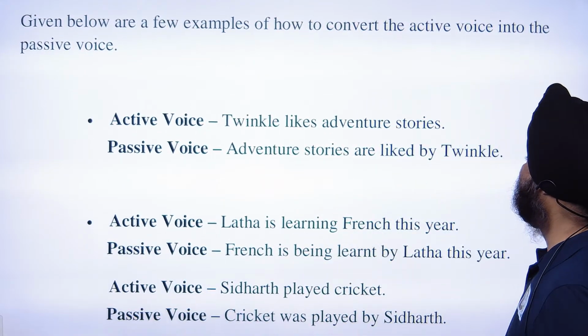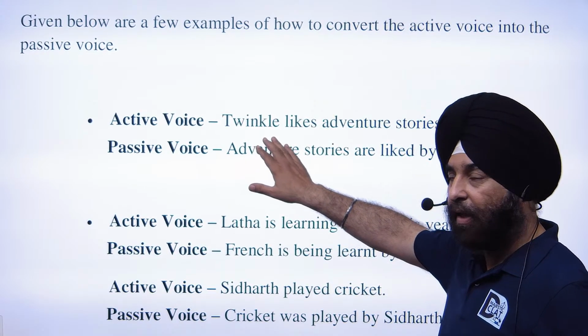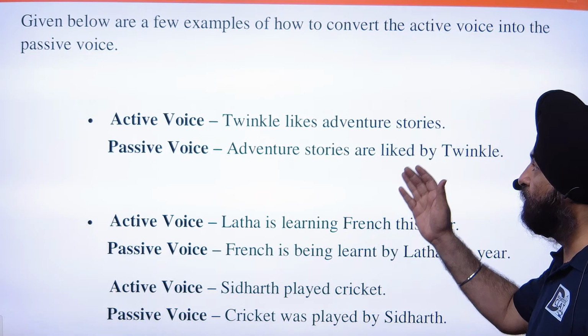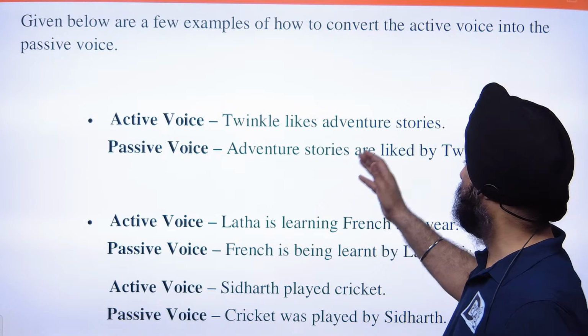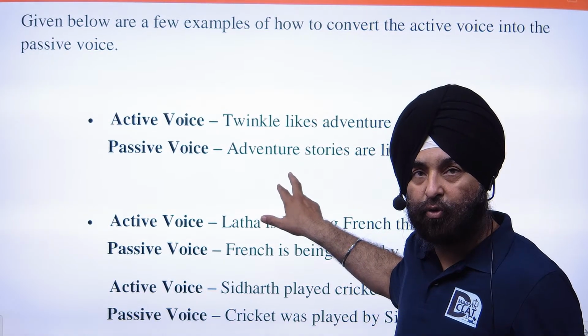Twinkle likes adventure stories. Now we have the subject over here, and this is the target. Now when we move from active to passive, what happens? The place of the subject has been taken by adventure stories.